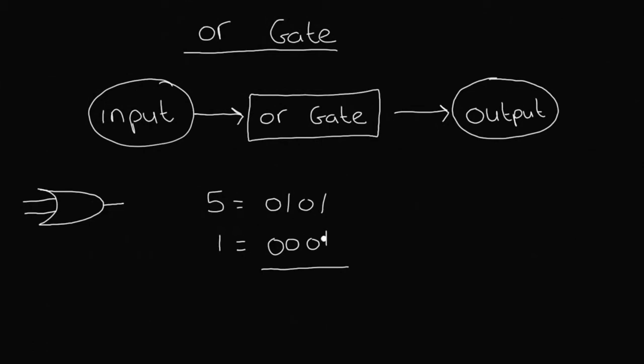And then once we've got 5 and 1 as our input, we're looking a little bit deeper and we're looking at 1, 1 here first of all. So we can see that 5 has got 1 and 1 has got 1. So as I said before, only one of them has to be 1, and we can put a 1 down here. Now unfortunately, when we go to the next column, both of them are 0. So we have to put down a 0 here.